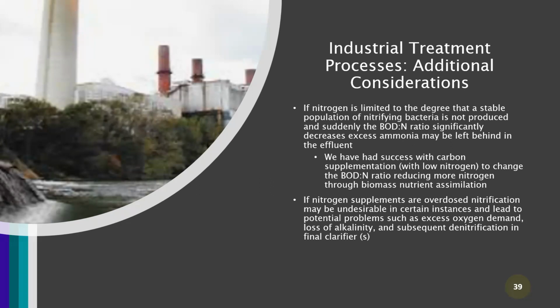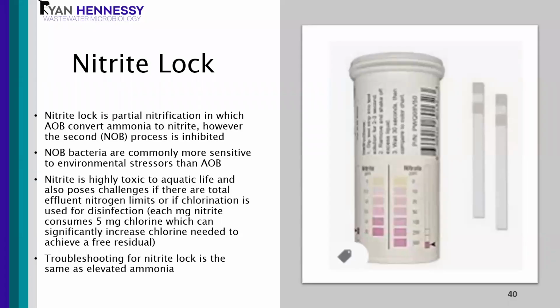Especially if the plant's really highly loaded and the sludge is not super stable, with a fairly high oxygen uptake rate as it's entering the clarifier, if you have that nitrate there, you have a recipe where you could get some floating sludge in your clarifier. So always case specific, but sometimes in certain plants you want to avoid nitrification if you can, especially from the cost perspective and the aeration demand that nitrification poses.